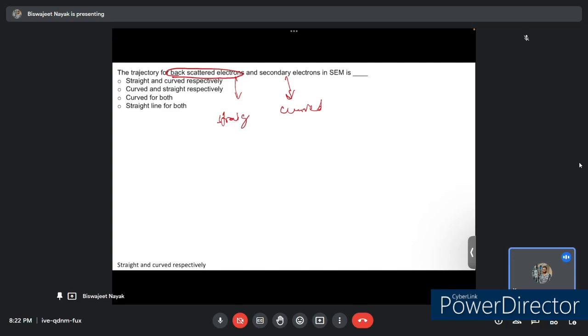So the answer will be straight and curved respectively, because backscattered electrons are very high energetic, greater than 50 electron volts, but secondary electrons are low energetic, and that's why they deviate from the path and follow a curved path. But backscattered electrons, being high energetic, can follow a straight line path.